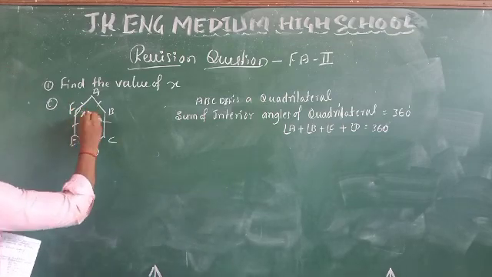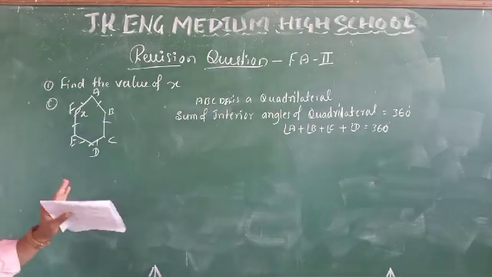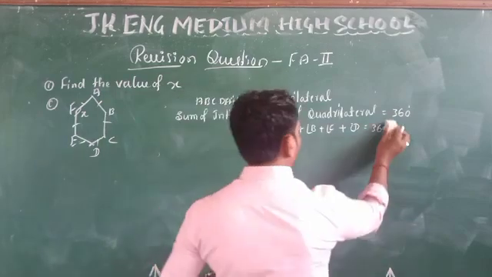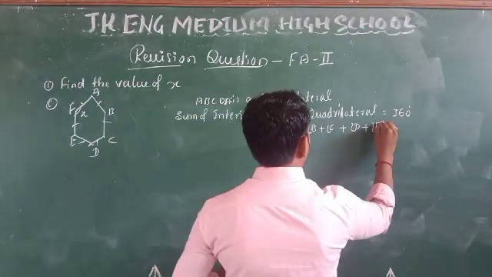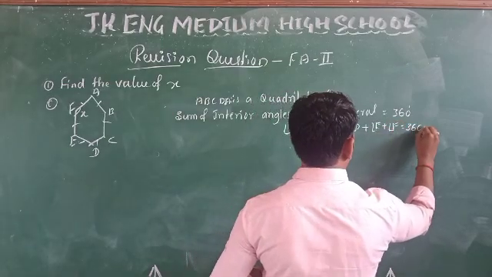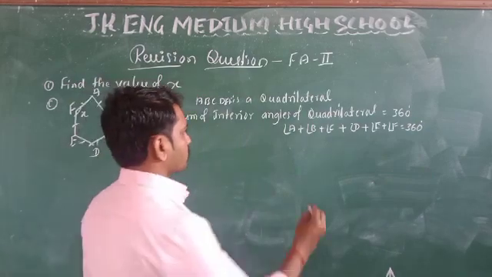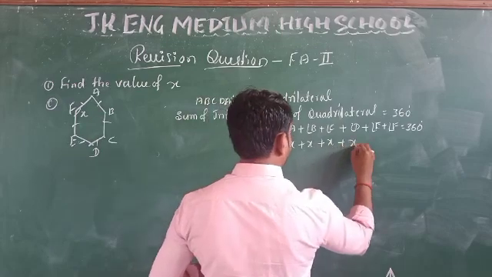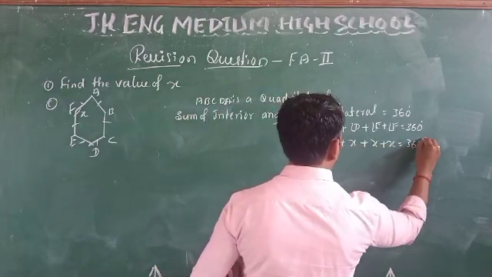What is told? To find out the value of x. According to this diagram, no angle has been given. That's why all the angles of the polygon are equal. Angle A plus B plus C plus D plus E plus F overall 360 degree. Next, x plus x plus x plus x plus x plus x is equal to 360.